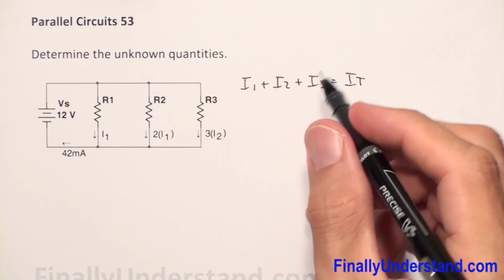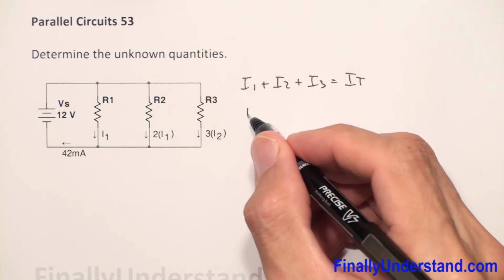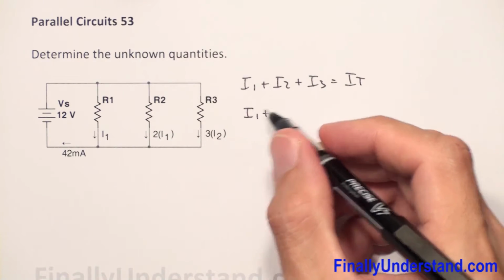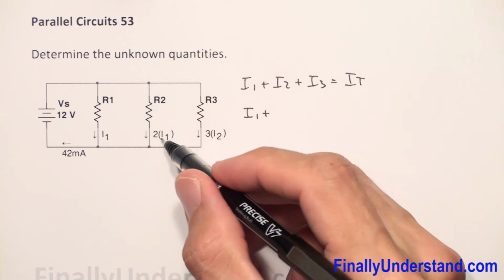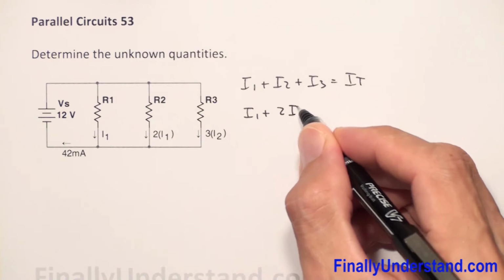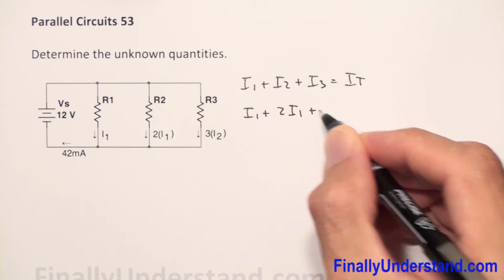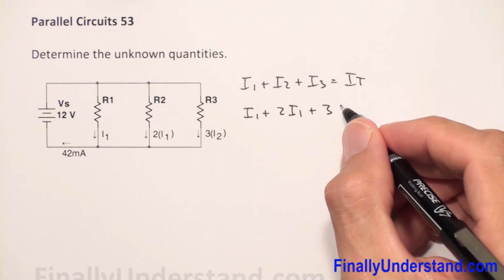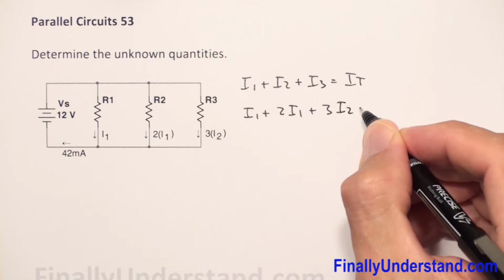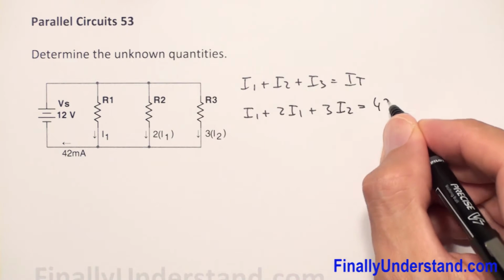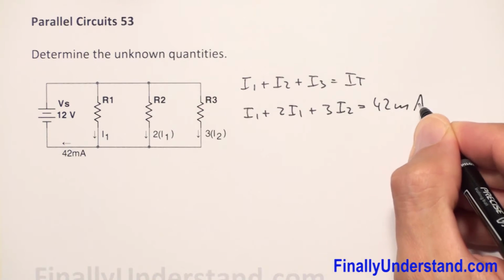Okay, so simply I'm supposed to say that I1 plus I2, but my I2 is equal to 2 times I1, that's why I'm going to write over here 2 times I1, plus I3, which is equal to 3 times I2, is equal to I total, which is equal to 42 milliamps.